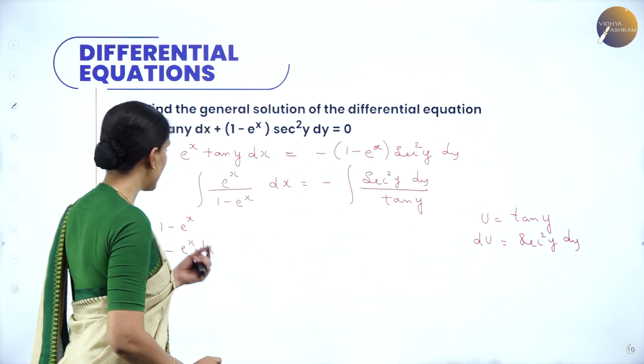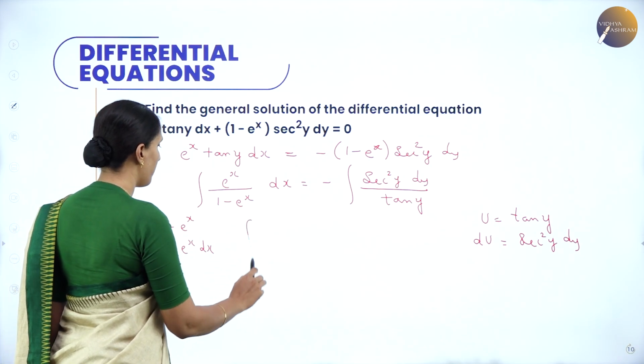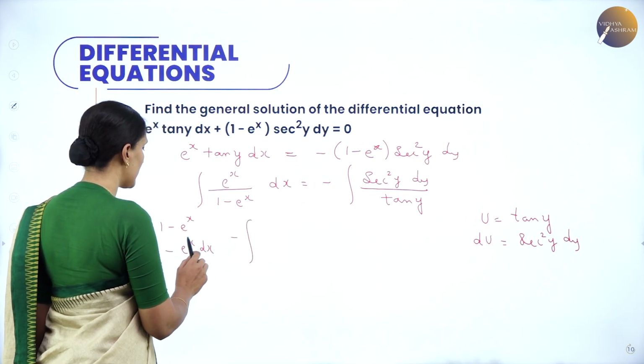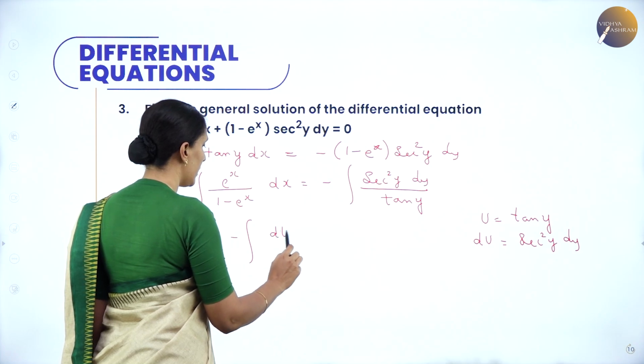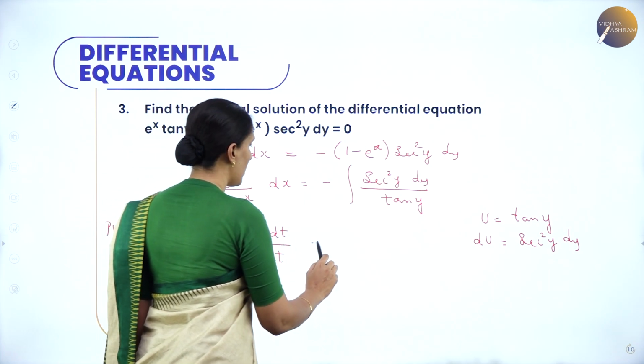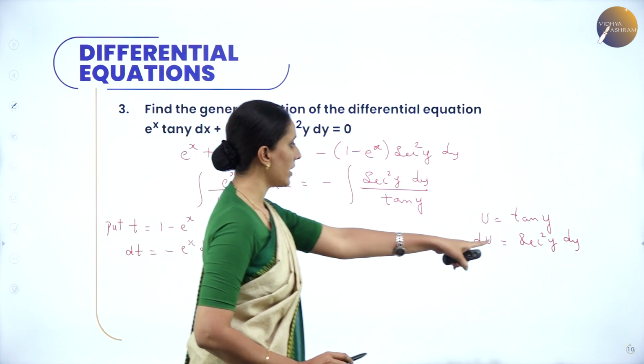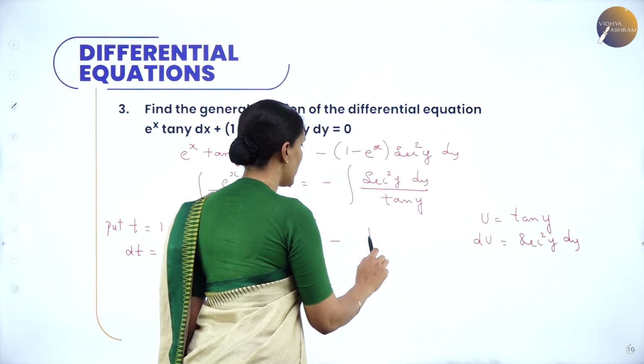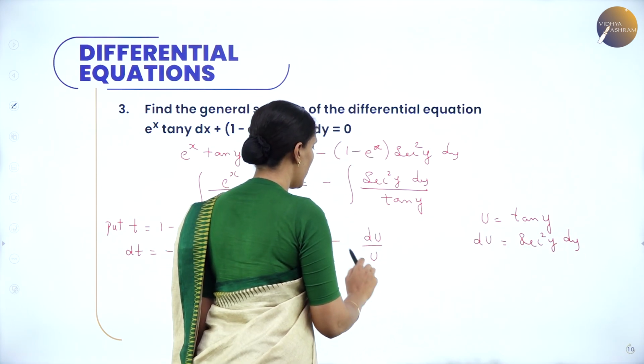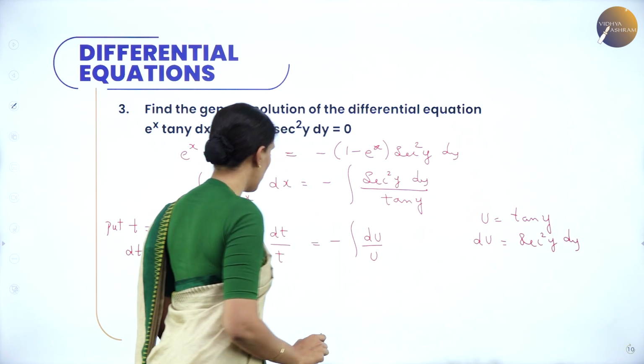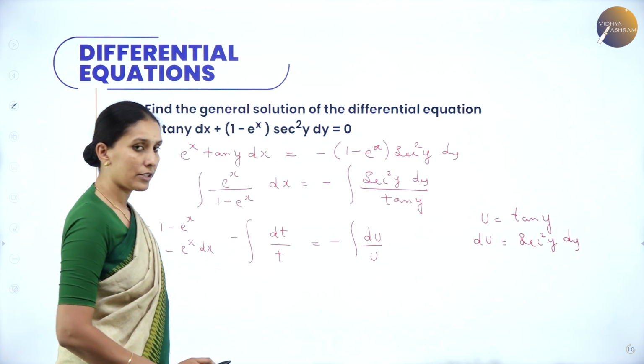So in both cases, -e^x dx can be written as dt/t, and sec² y dy can be written in the form du/u, integration. Now we can cancel the negative on both sides.